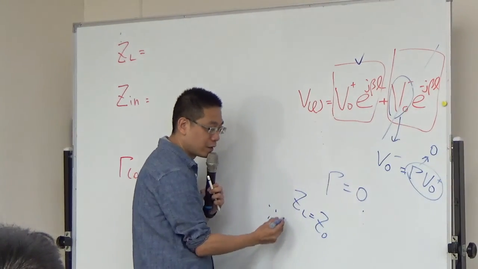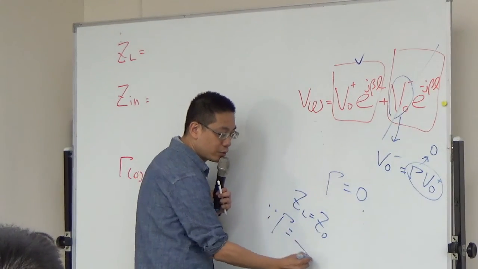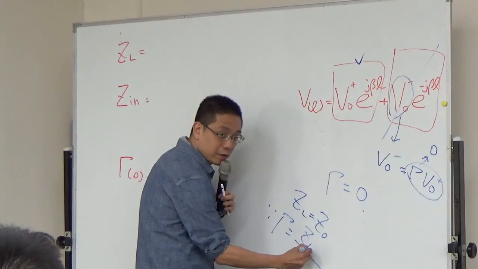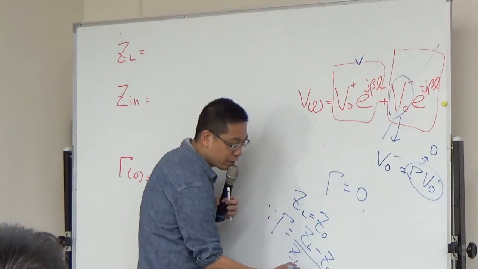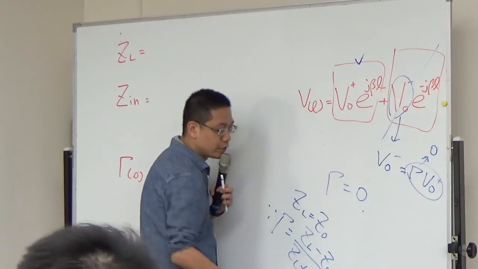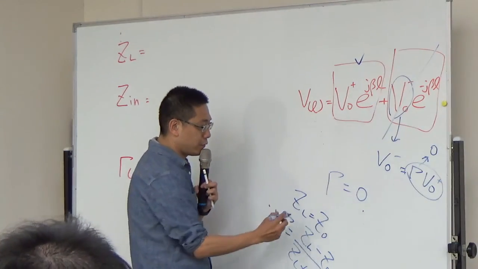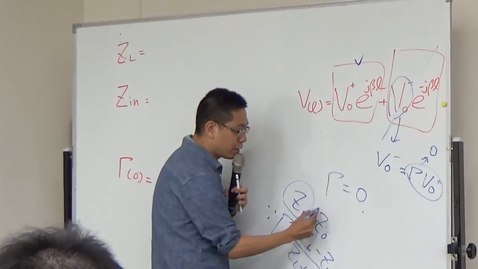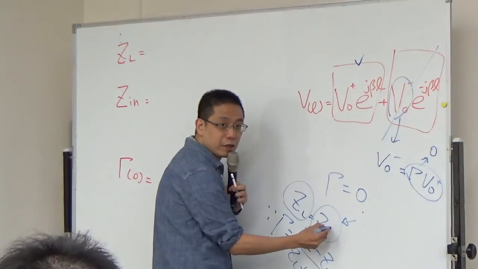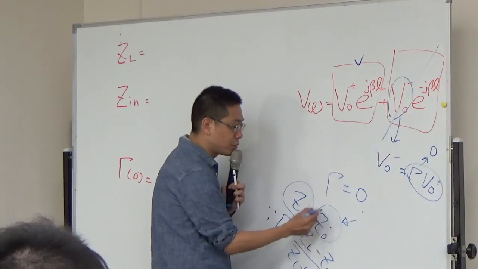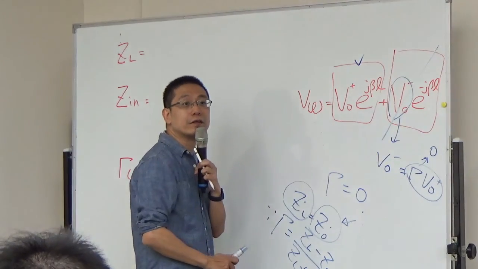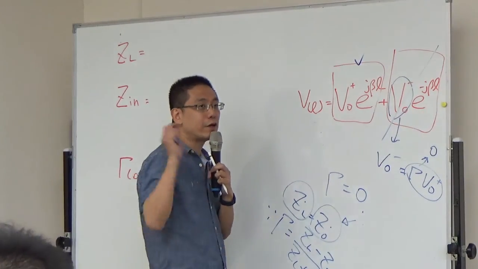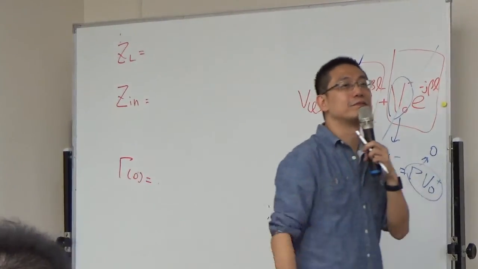Because gamma equals ZL minus Z0 over ZL plus Z0. So if your characteristic impedance equals your load impedance, you don't have a reflection. Okay, let's take a break.